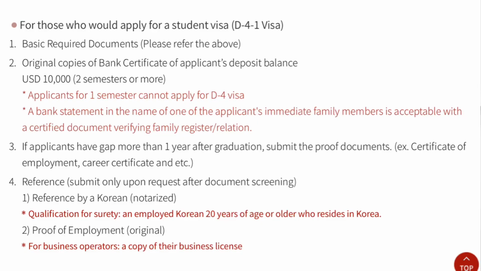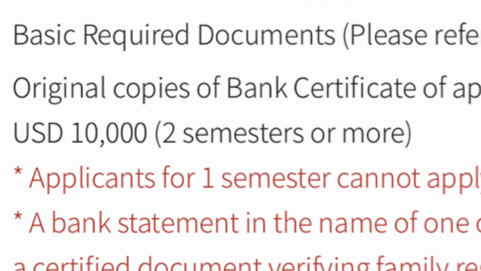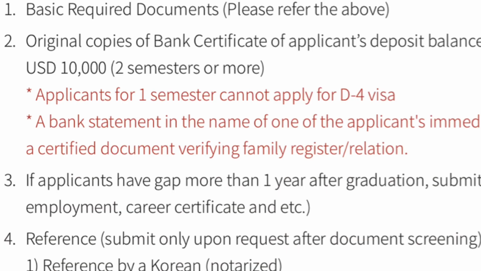Alright? For those who will apply for a student visa, the basic required documents are all the things that I've mentioned above, and original copies of the bank certificate of the applicant's deposit balance, 10,000 US dollars, if you're applying for 2 semesters or more, because for 1 semester you are not required to make a visa since you only go for 1 semester.